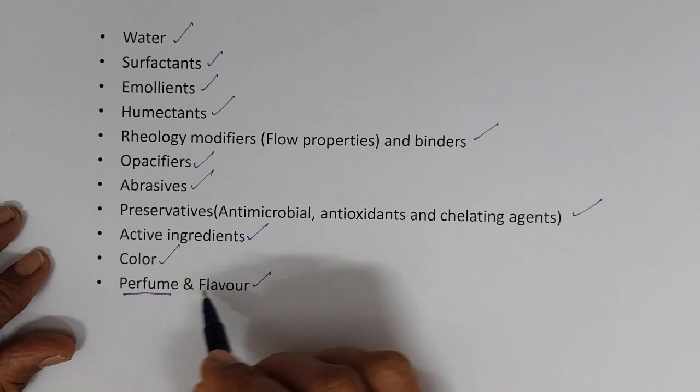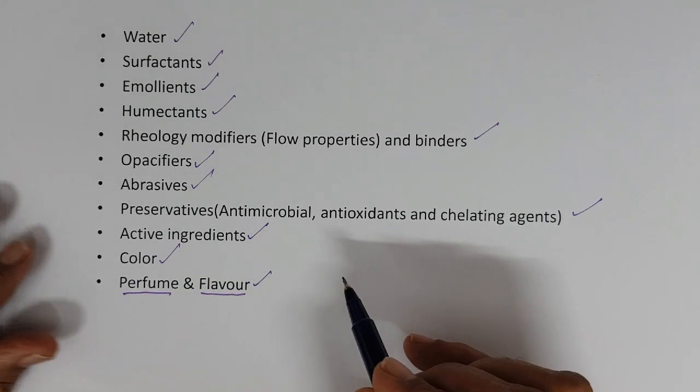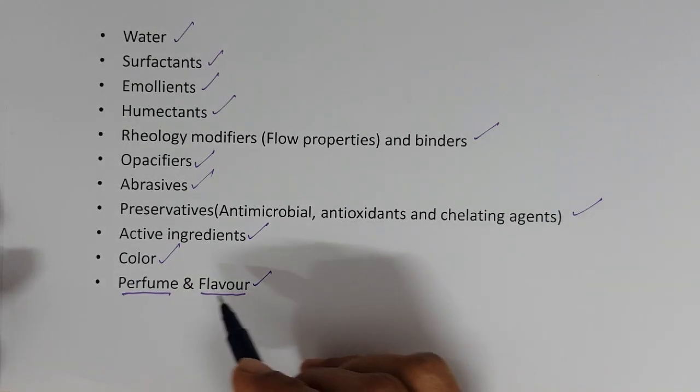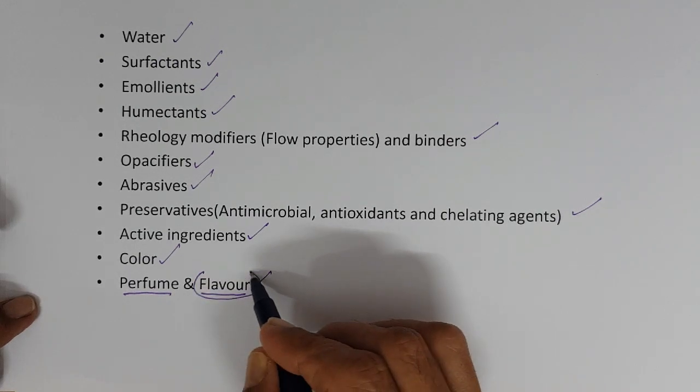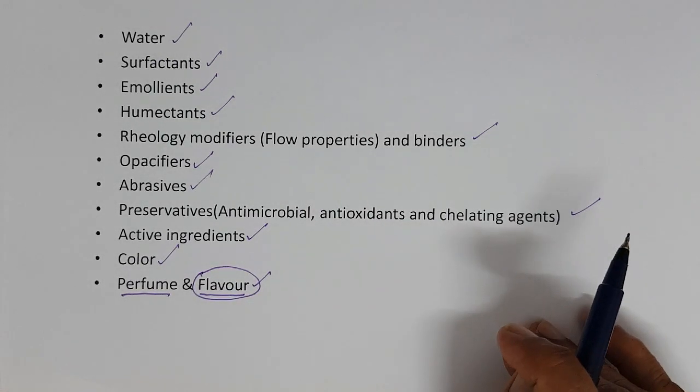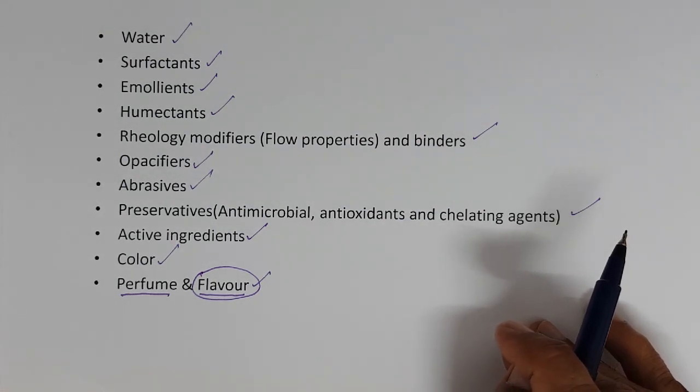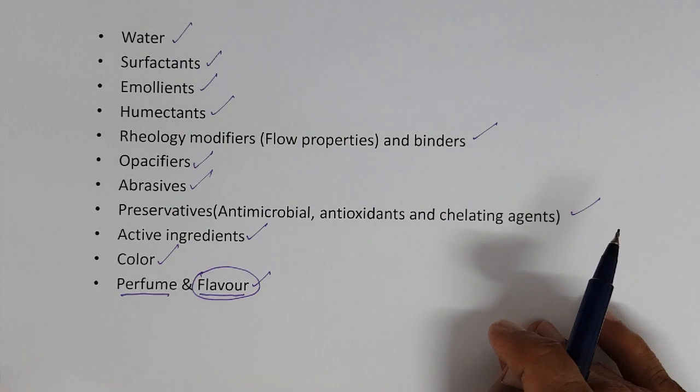What is a perfume? What is a flavor? Perfume is used for an external product. For example, when you develop a perfume for a cream, you call it a perfume. Flavor is always used for internal products, taken internally.